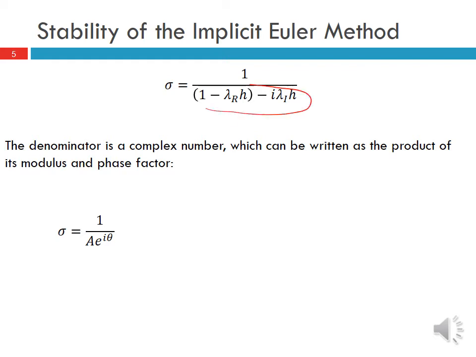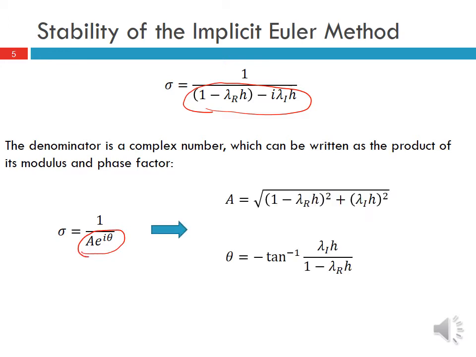So this denominator we can write as a times e to the power i theta, where a and theta are given as shown here. So a is equal to the square root of the real part squared plus the imaginary part squared, and theta is inverse tan of the expressions here.